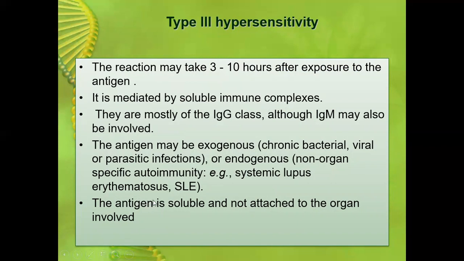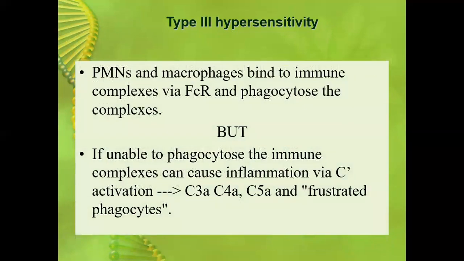So here, whatever the antigen that induces the immune system or enters into the host cell, it is the soluble one, and it is not attached to any organs that are involved in the reaction. Here, polymorphonuclear cells, that is neutrophils and macrophages, bind to immune complex via the Fc portion. Fc portion is the bottom region present in the antibody, and they phagocytose the complex.